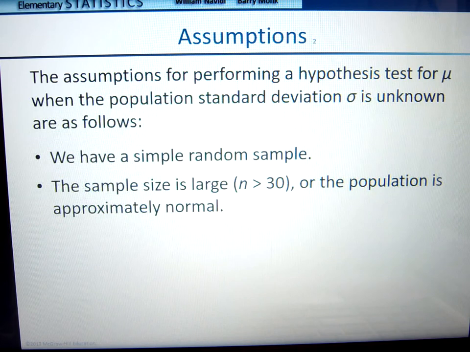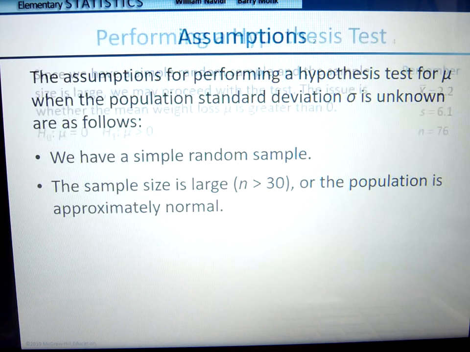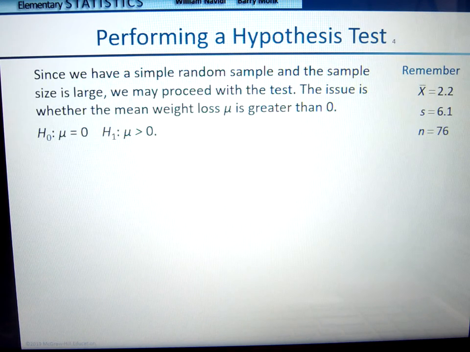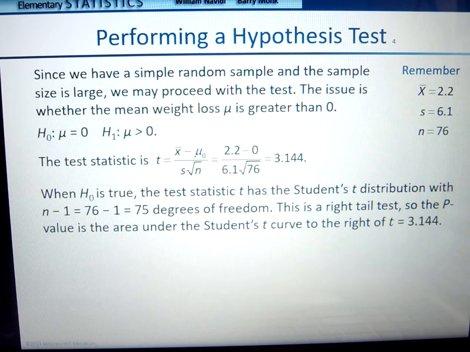The assumptions for performing the hypothesis test: we have a simple random sample and it is larger than 30. Since we have a simple random sample and the sample is large, we may proceed with the test. The issue is whether or not the mean loss, mu, is greater than 0. So here we have our t-statistic. When the null hypothesis is true, the test statistic has the student's t-distribution with 75 degrees of freedom.